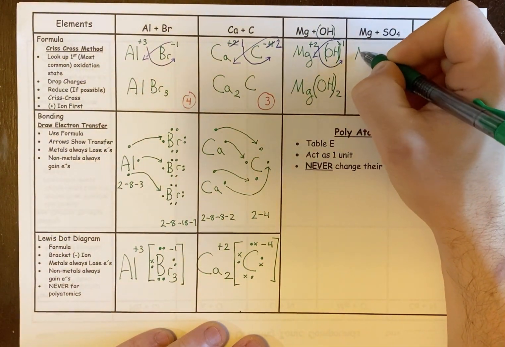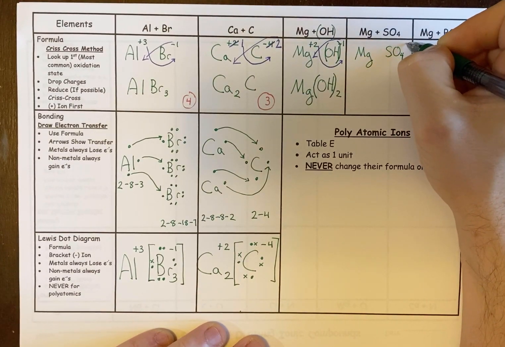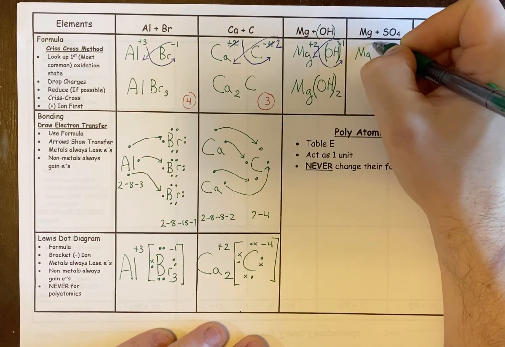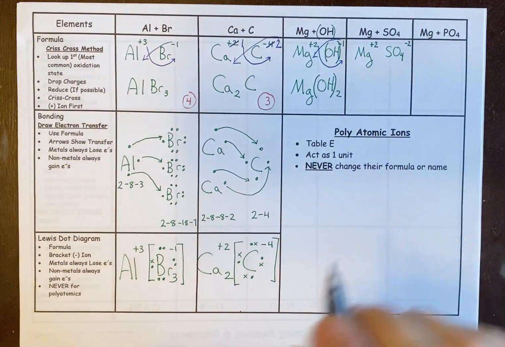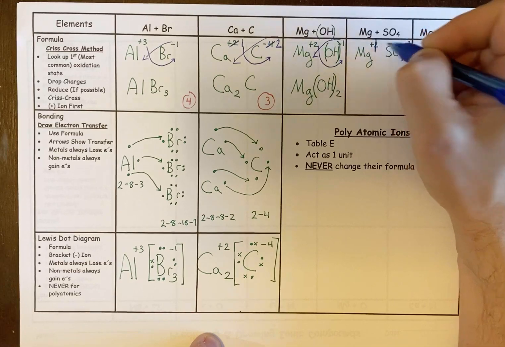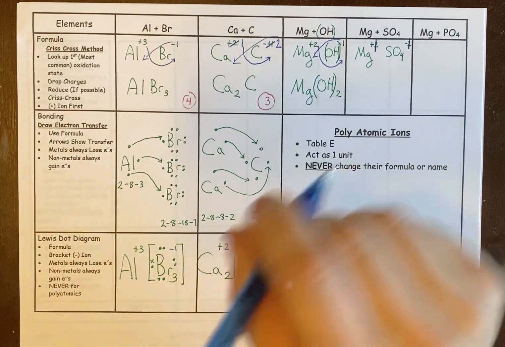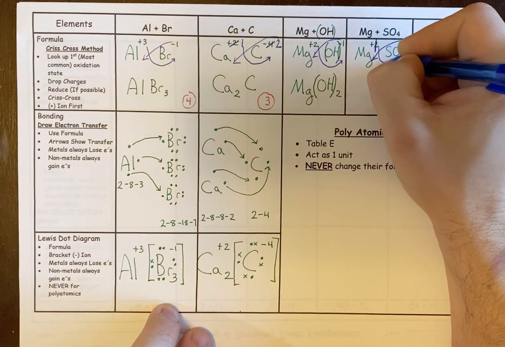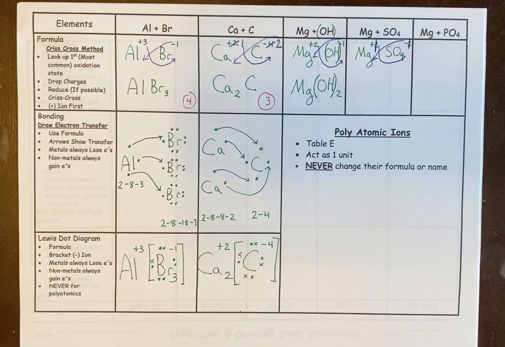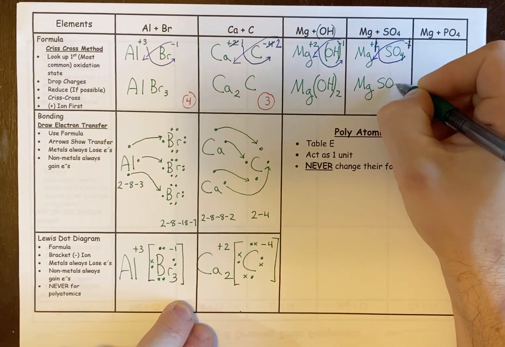So for this next one, Mg and SO4. SO4 is -2, Mg +2. Actually, this is a good example. Ignore the charges. Reduce if possible. They can reduce to 1 and 1. And then when you crisscross them, you're just going to need 1 Mg for 1 SO4. So I can just do this.